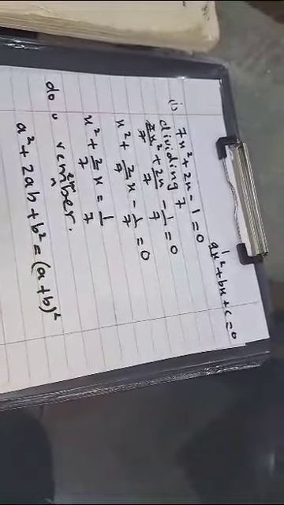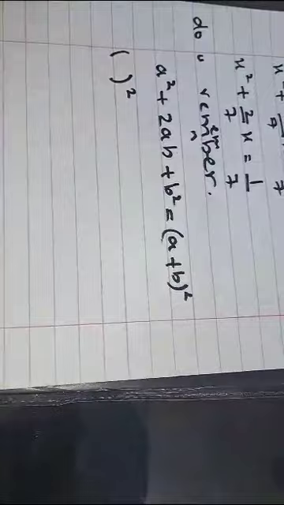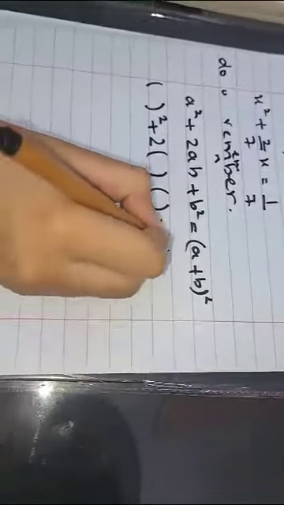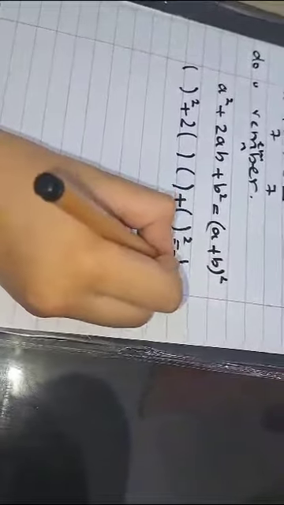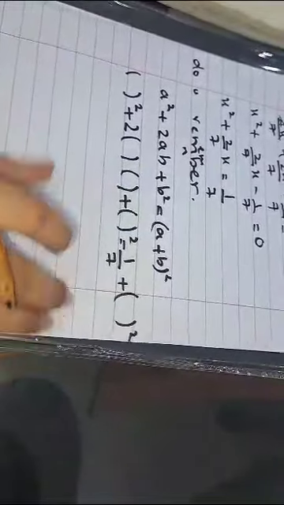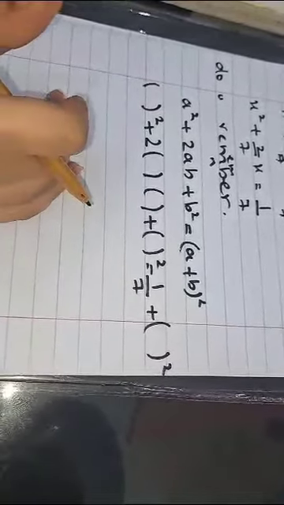This formula is going to apply here. Now you are going to write a square plus 2ab plus b square equals to 1 over 7 plus b square. In this way you are going to make it. After that you put the value and solve. It would be easier for you to solve it.